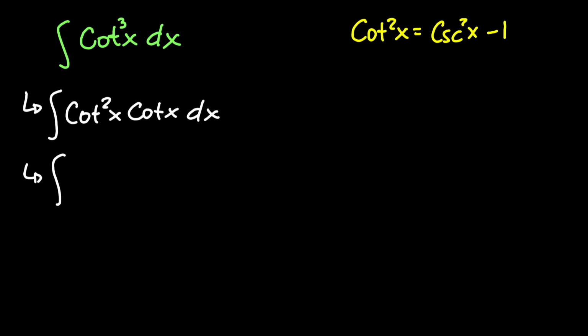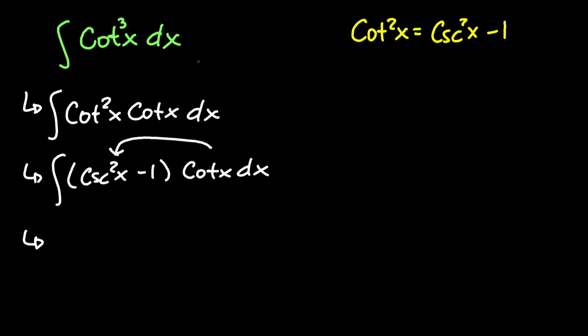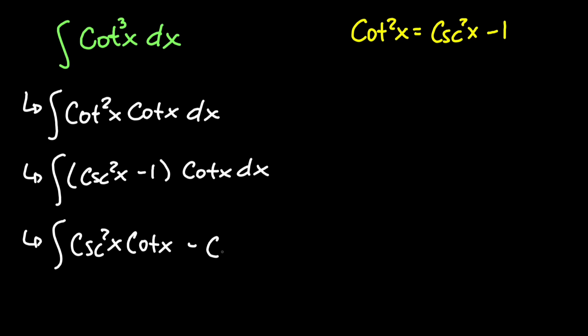And so, this would be the integral of cosecant squared of x minus 1 multiplied by cotangent of x dx. And so, distributing cotangent of x on these two, we would have the integral of cosecant squared of x cotangent of x minus cotangent of x dx.